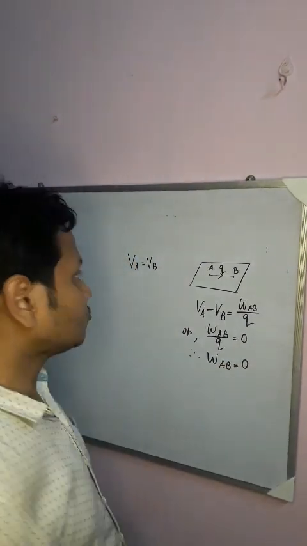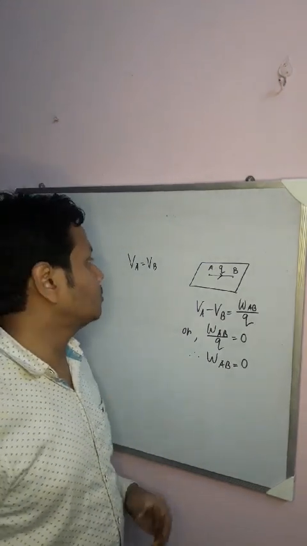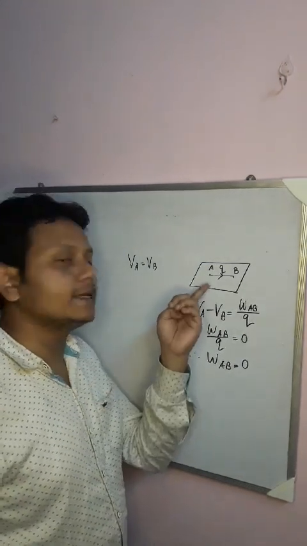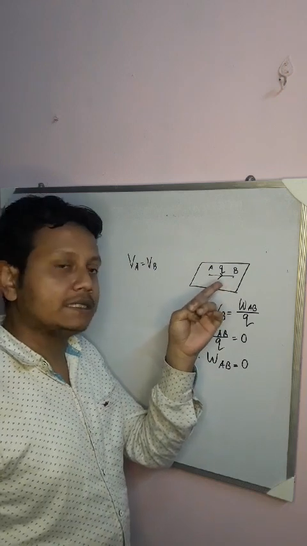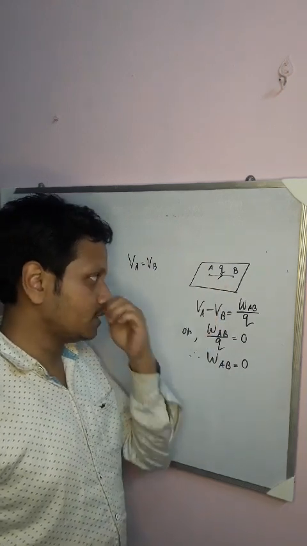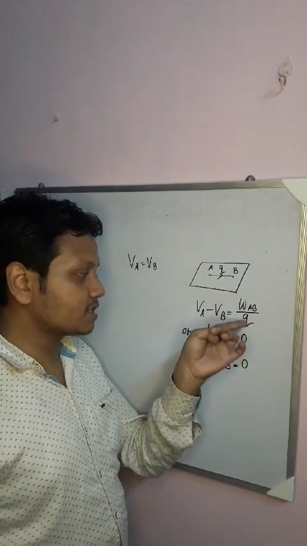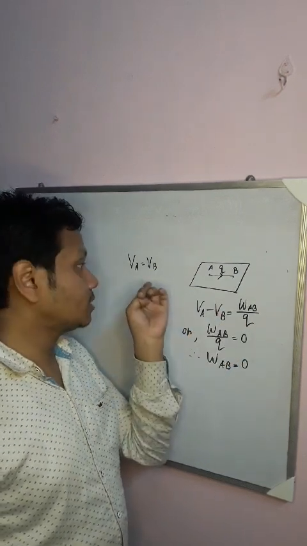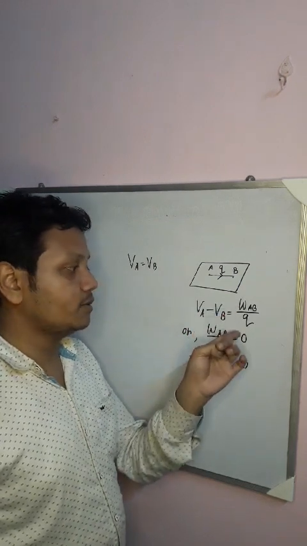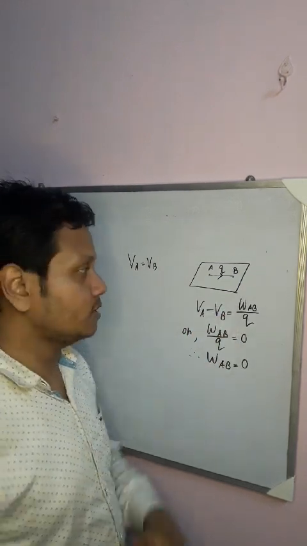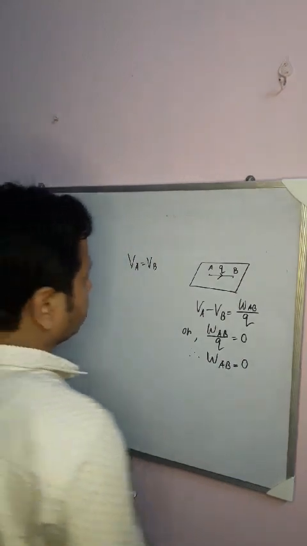Okay, so this is the first property of equipotential surface, that the work done in taking a charge from one point to another point in an equipotential surface is always 0. The formula is this. From the definition of equipotential surface, here VA equals VB, so WAB by Q is 0, that means WAB is 0. So this is the first property.